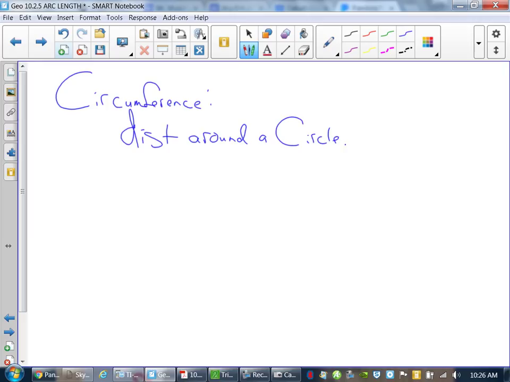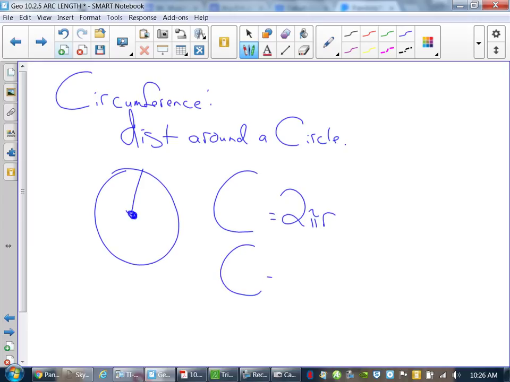And if I'm not mistaken, we also had a formula for it, right? It's circumference equals pi times the diameter, or you can double pi. So it's 2 pi r or pi times the diameter.